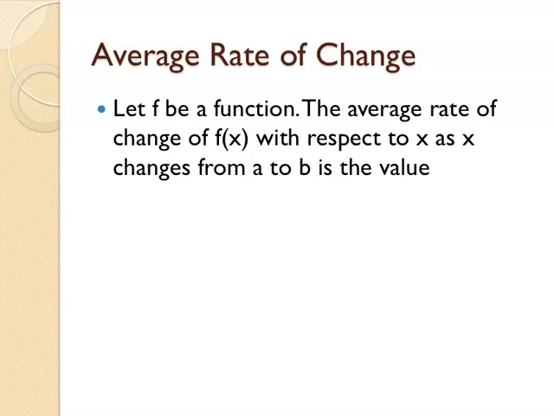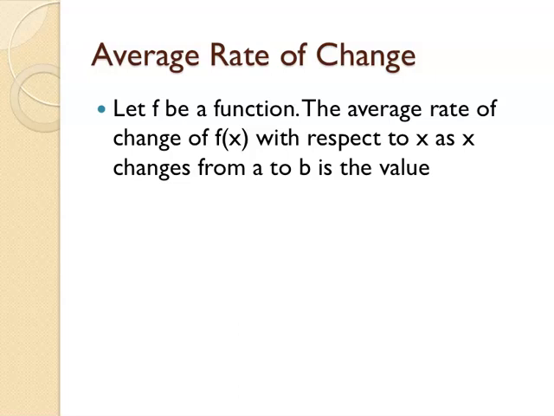So say you have some function f, and you want to find the average rate of change. Well, the average rate of change of f of x with respect to x depends on where you are on the graph. So let's say you're going from point A to point B for your value of x.